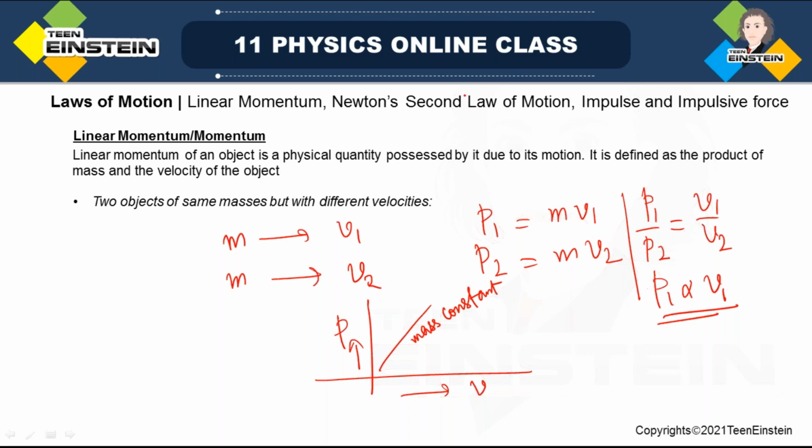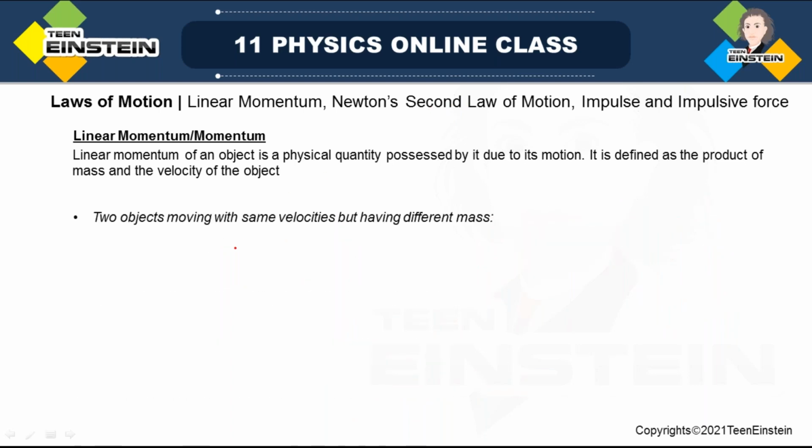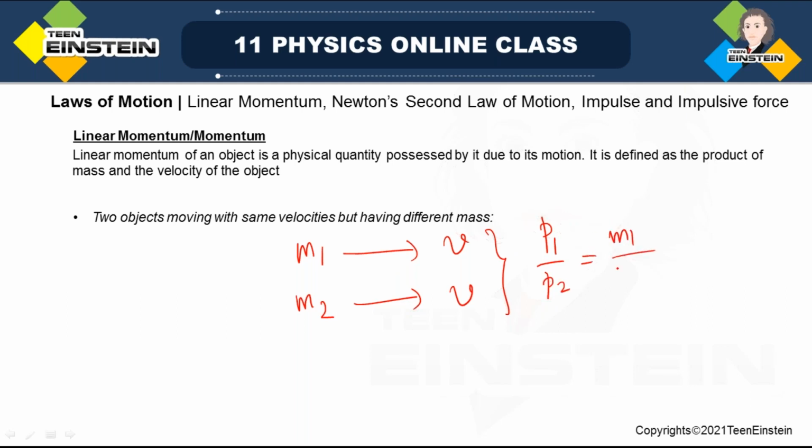Now I'll take the second case, when you have two moving objects having the same velocities but different masses. I have m1 which is moving with velocity v. Again I have another mass m2 which is moving with the same velocity. Now the momentum ratio p1 by p2 is equal to m1 by m2.